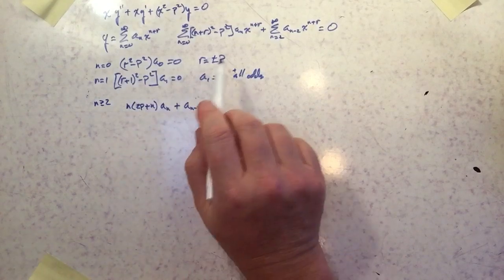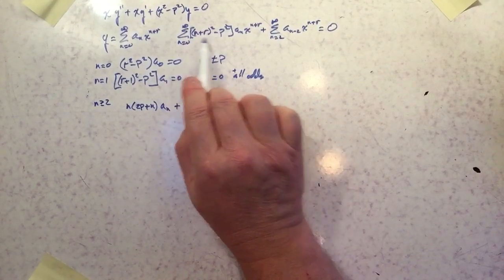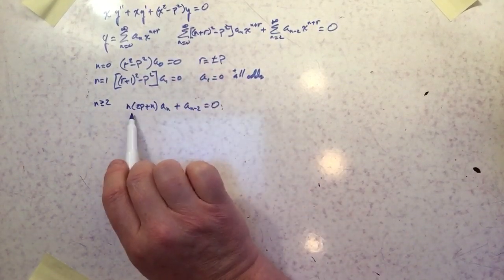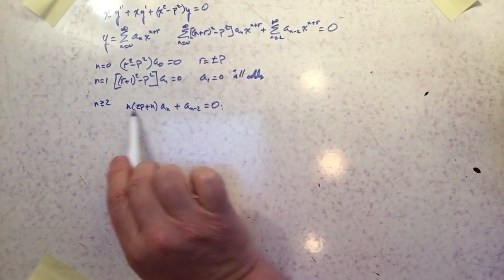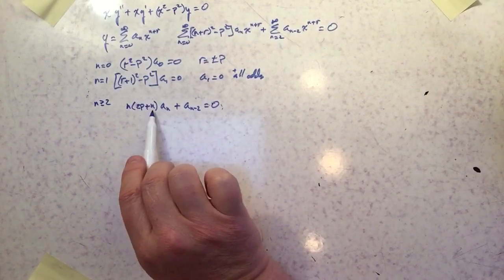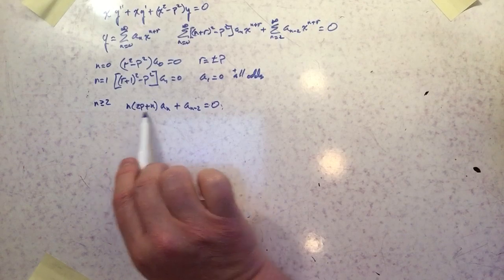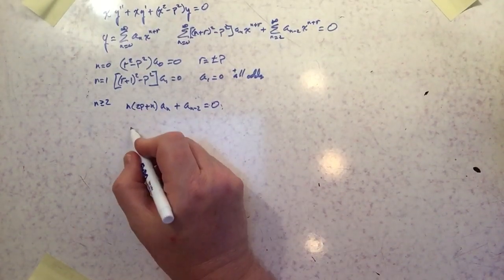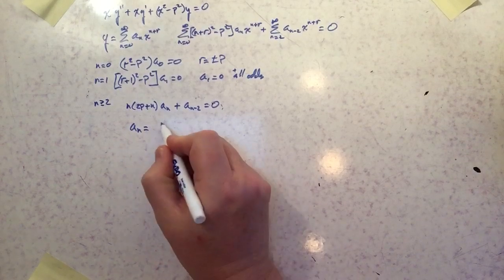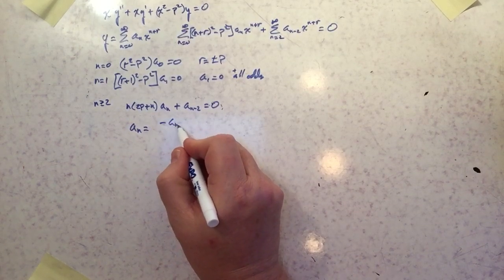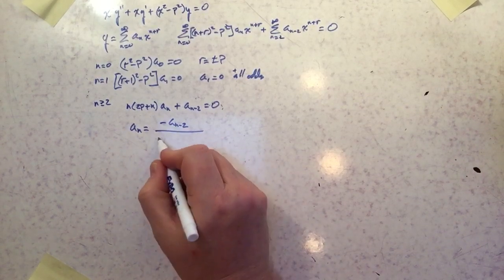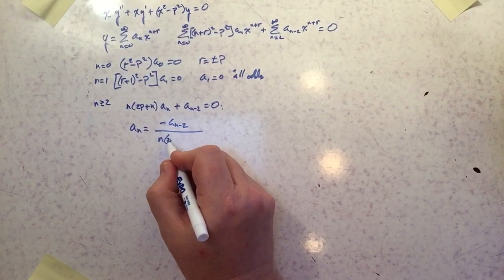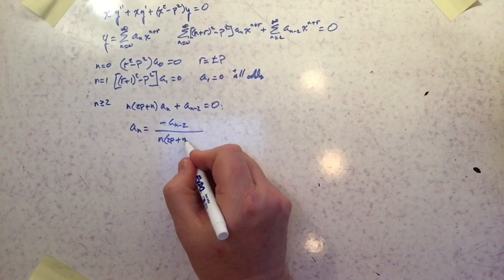All I've done here is I worked out what that guy is and I factored out. So that simplified produces this. Again, you can check that yourself if you like. And this gives me the recursive relationship. So for all the remaining n's, an is given by negative an minus 2 divided by n times 2p plus n.